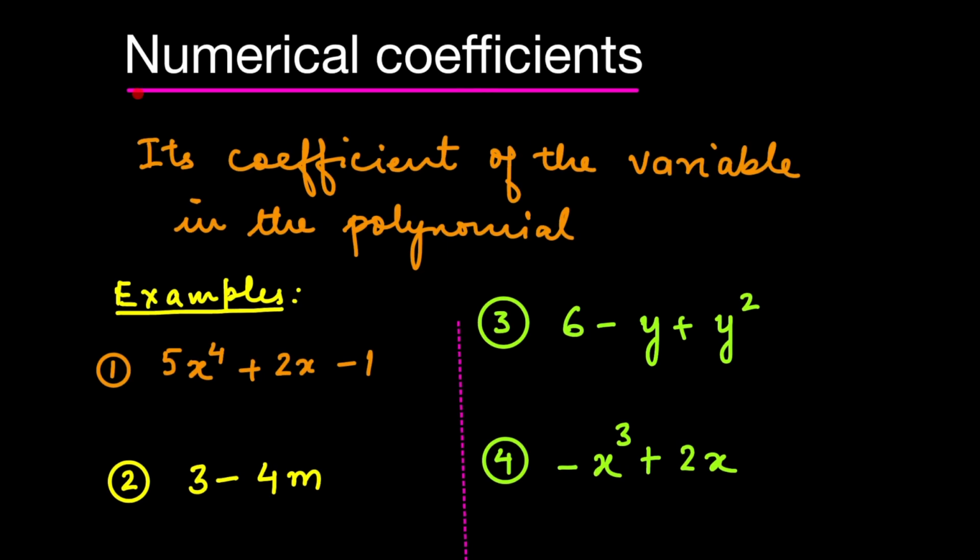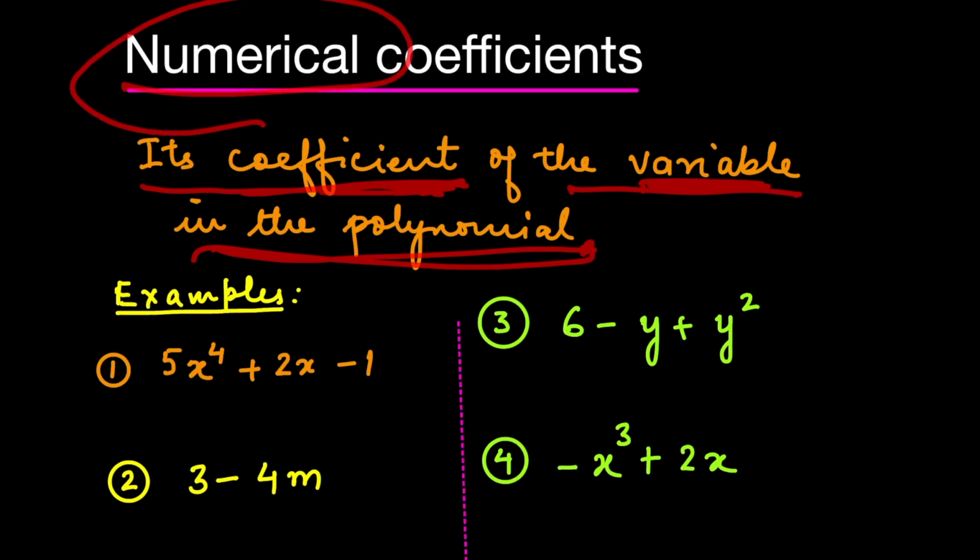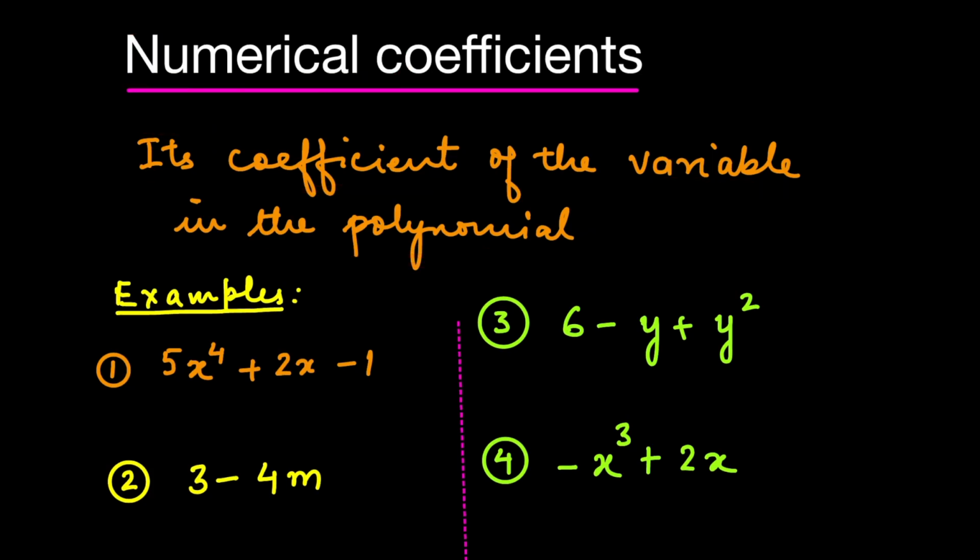Next is numerical coefficients. So what do we understand by this? It's the coefficient of the variable in the polynomial. Whatever the number written with the variable, that will be the coefficient, and we say it is a numerical coefficient. Now coming to example 1, we have 5x power 4 plus 2x minus 1.